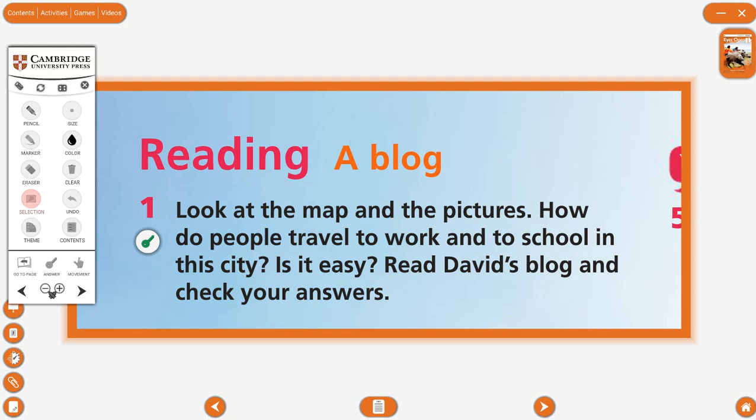Exercise 1. Look at the map and the pictures. How do people travel to work and to school in this city? Is it easy? Read the Davis bylaw and check your answer. Firstly, look at the map and pictures.